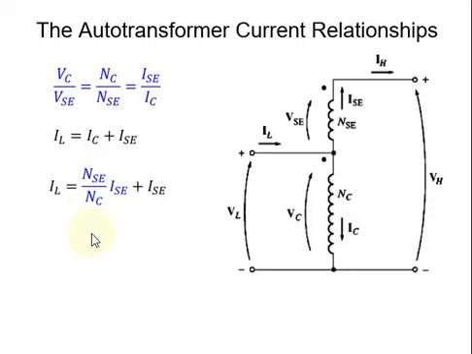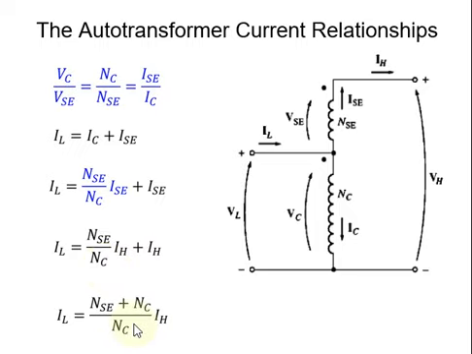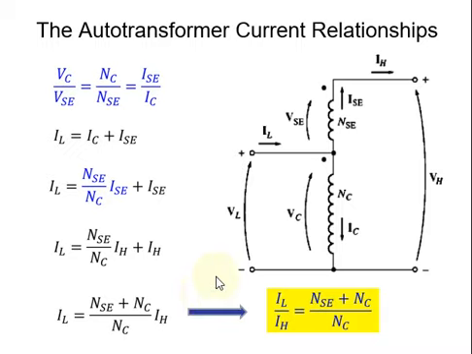But we know that ISE is equal to the output current, or IH. So we substitute ISC with IH. By taking IH as common, we get this relationship, and on taking IH on the left hand side, we can get the relationship between the input current and output current, shown over here in the yellow color.